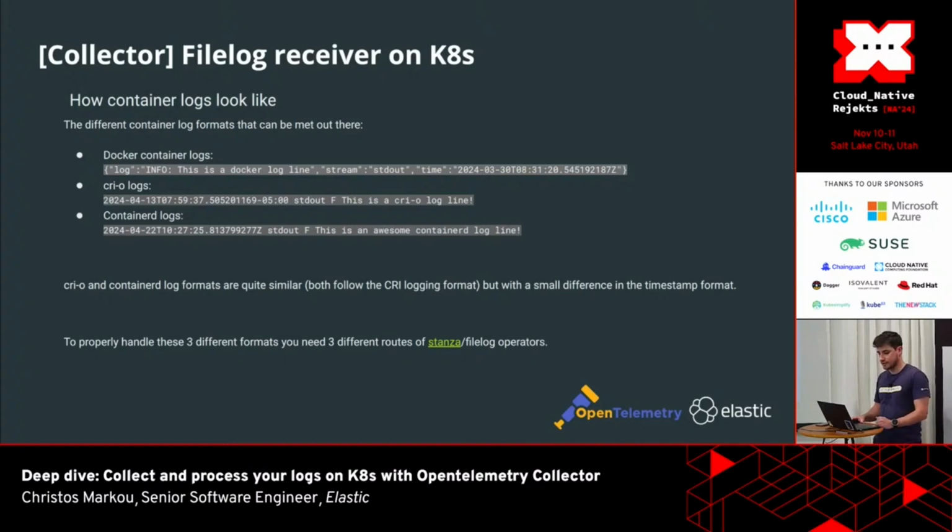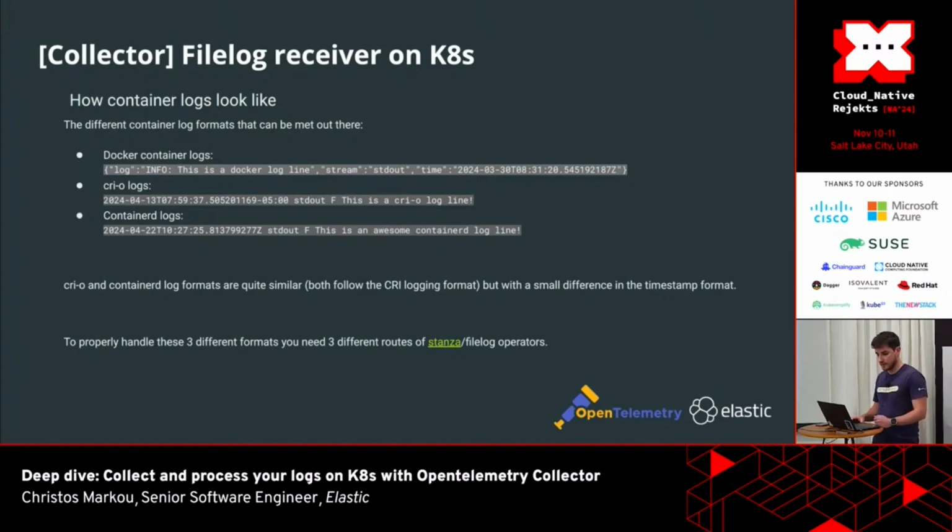We also have additional information like the stream, standard output or standard error, and the timestamp as well. For other runtimes like CRI-O and containerd, we have other formats, and we would like to have a way to properly parse these formats, extract this information, and store it properly in the fields that the protocol defines.